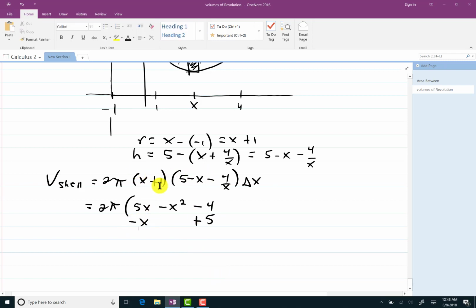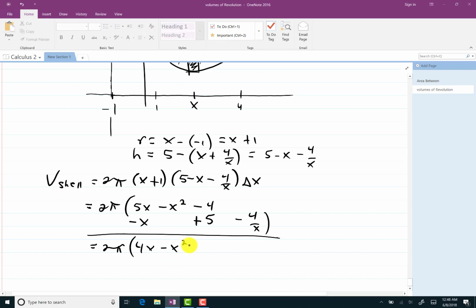And then 1 times -4 over x is -4 over x. So that leaves me with 2 pi times 4x minus x squared plus 1 minus 4 over x delta x. And now we're ready to integrate.